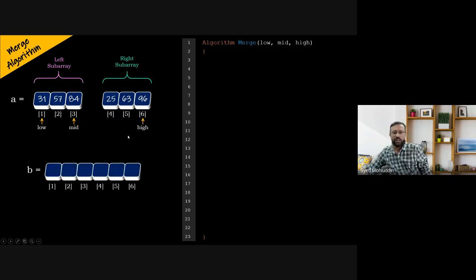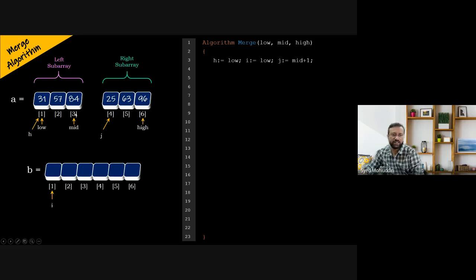Then we have a temporary array. This merge algorithm takes a variable h, which is initialized to low, variable i, which is initialized to low itself, which will be pointing to array B, and then there is a j which will be initialized to mid plus 1.